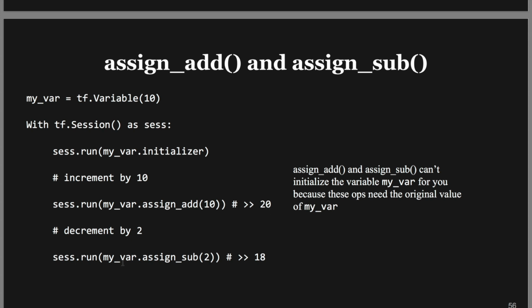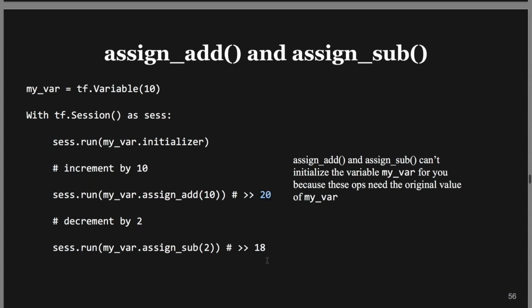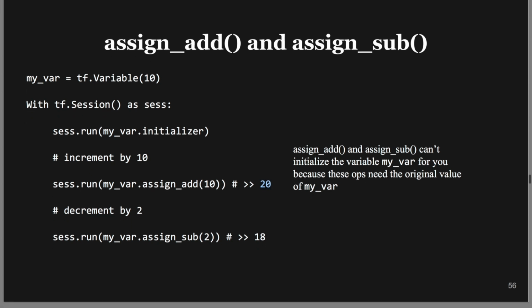And if you run my_var.assign_sub(2), it will take the current value of my_var, which was 20, and subtract 2 from it, and we'll get 18. Another important note is that, as we talked about earlier, assign would initialize the value of the variable, but assign_add and assign_sub will not, because they need that initial value to take effect.